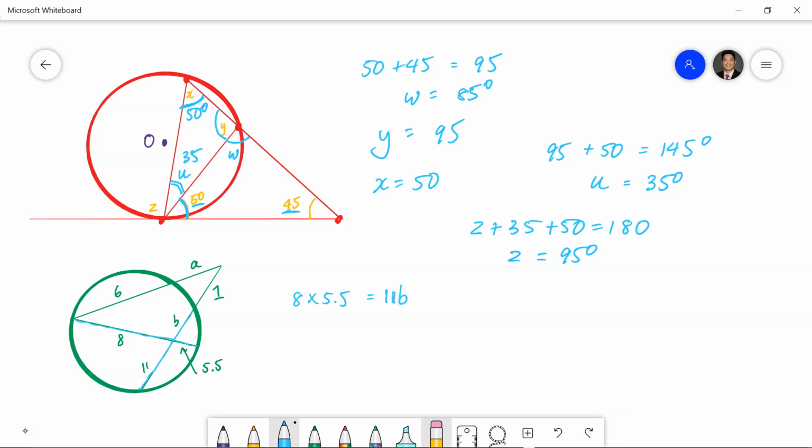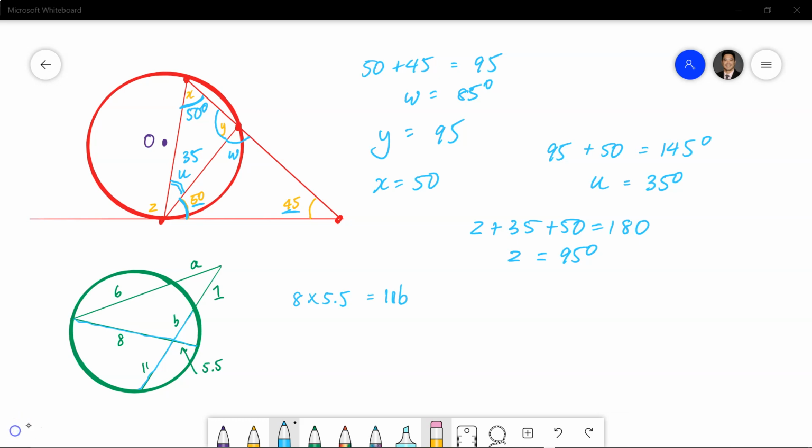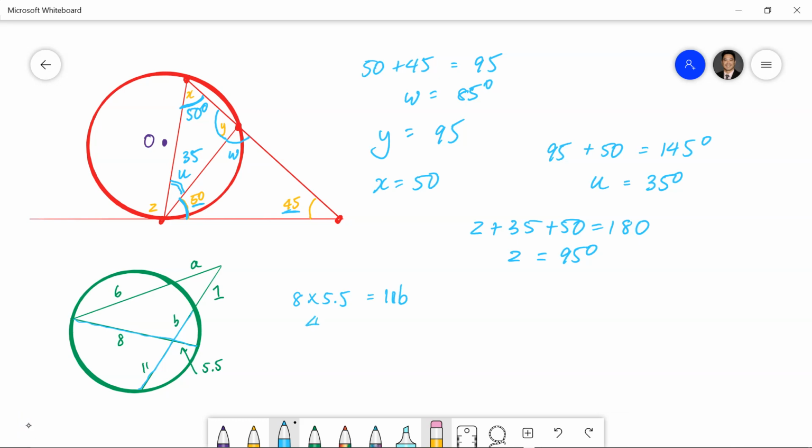I'm going to get the calculator. 8 times 5.5 is 44. So that means b is equal to 4. So that is equal to 4.